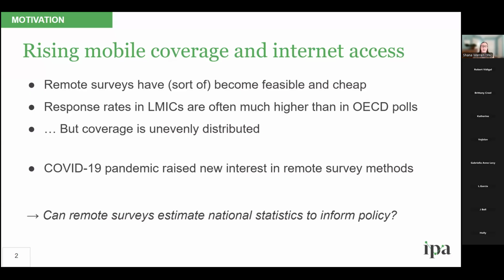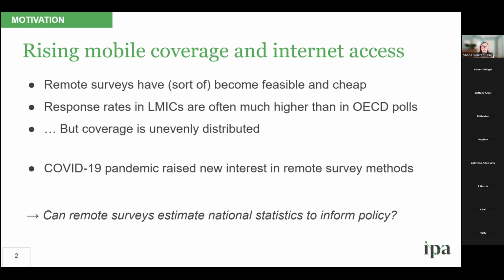Alongside that, many more individuals have phones in low and middle income countries, although related to a bunch of other work that I've done, I would put a lot of caution on who owns phones, who even within the household owns phones. It is much easier to reach, for example, heads of household than other individuals in the household. In particular, the lower status within the household, the less likely someone might be to have a phone.